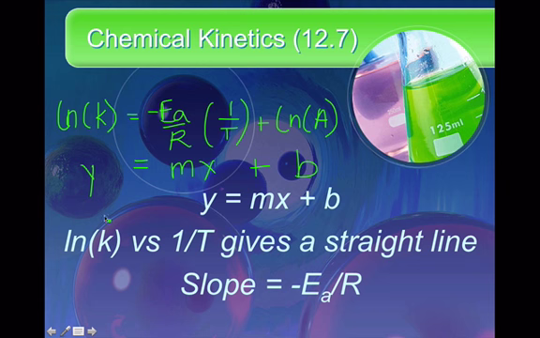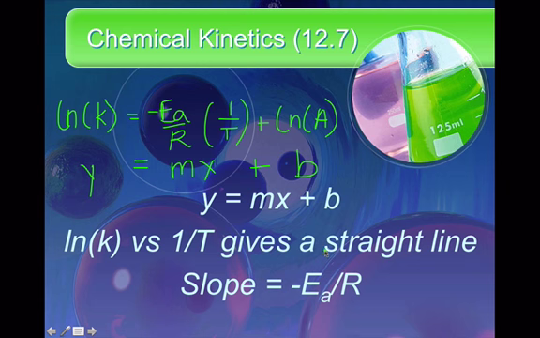And what that tells us is if I plot the natural log of K versus 1 over the temperature, and the temperature needs to be in Kelvin, that'll give me a straight line. And if I find the slope of that line, that's equal to negative EA over R. So this is a very common way that we find that activation energy.